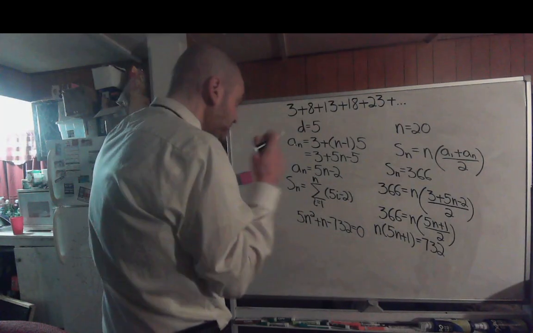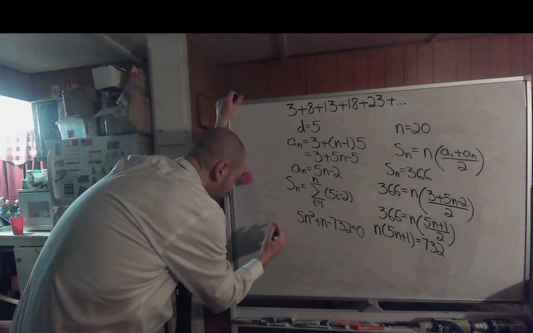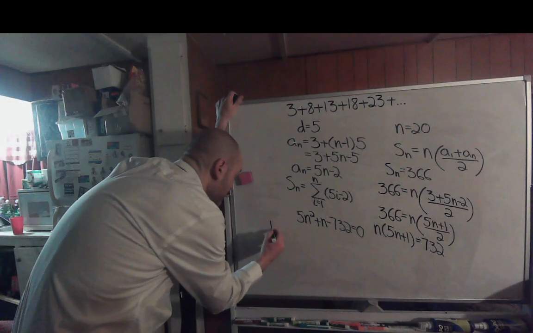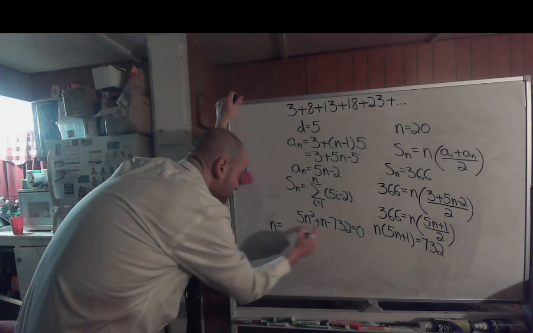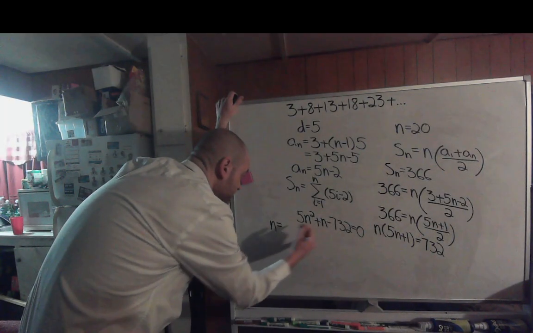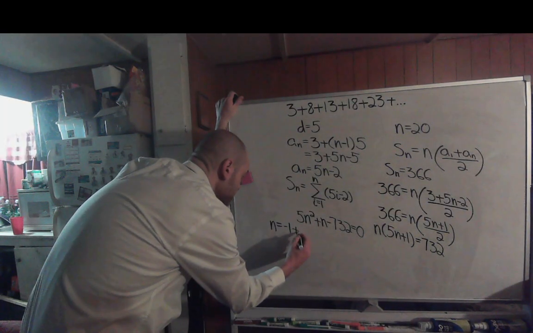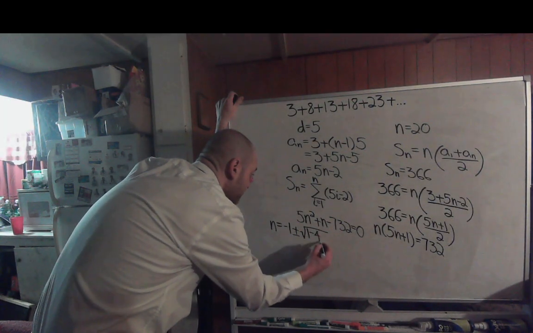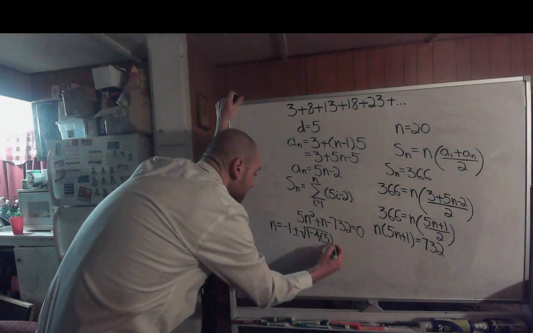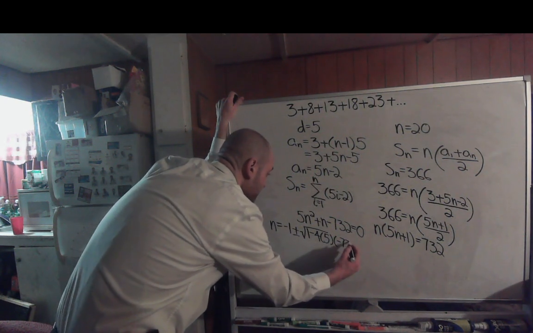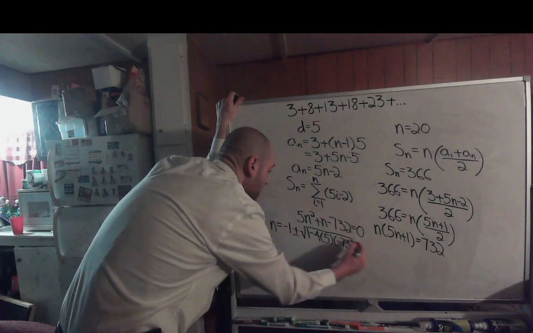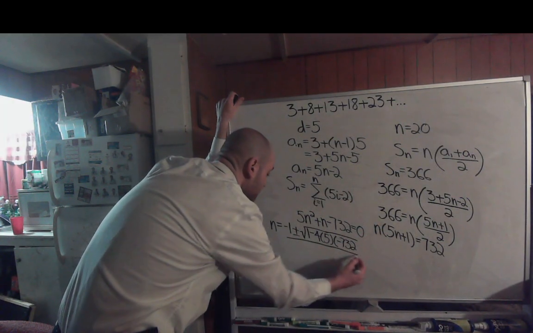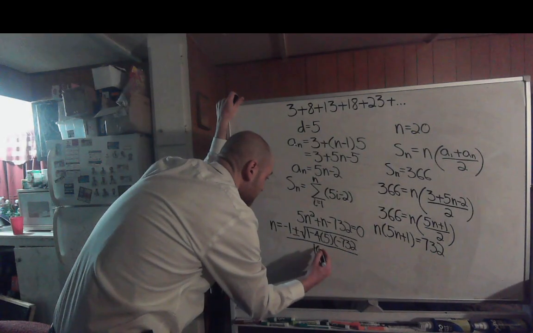So let's do that here. n would equal the negative of that b term, so that'd be negative 1 plus and minus the square root of 1 minus 4 times 5 times negative 732, all over 2 times 5, which is 10.